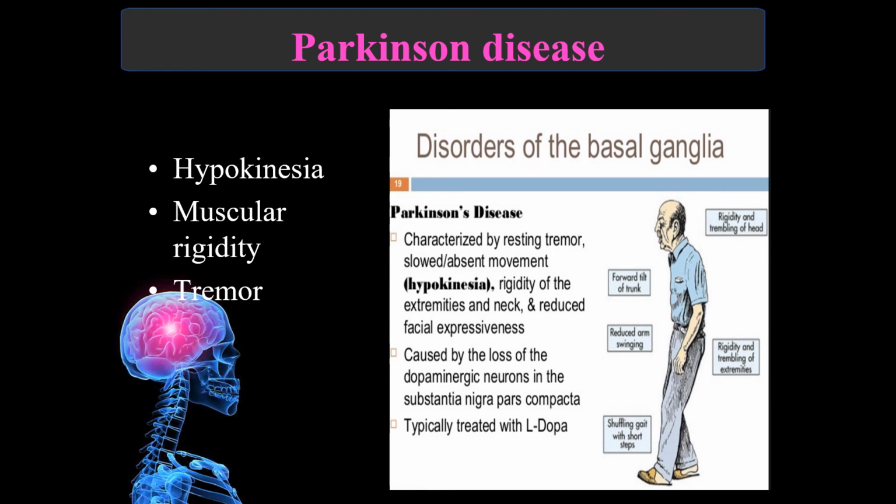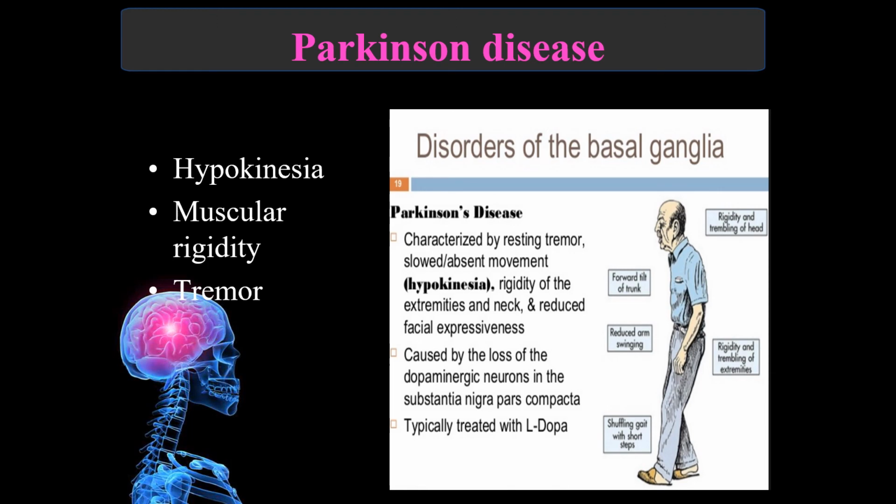The following signs of Parkinson's disease appear. The first is hypokinesia: limited movement, loss of facial expressions (called a masked face), small steps, and lack of natural hand movements during walking. The next is muscle rigidity, muscle hypertonicity, manifested by resistance against passive movements.